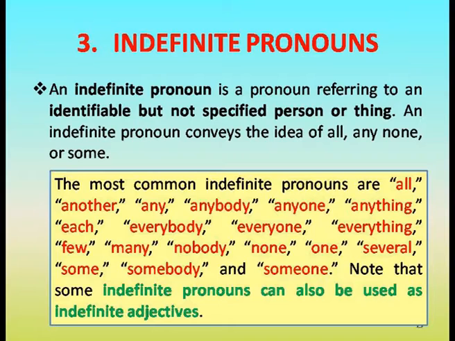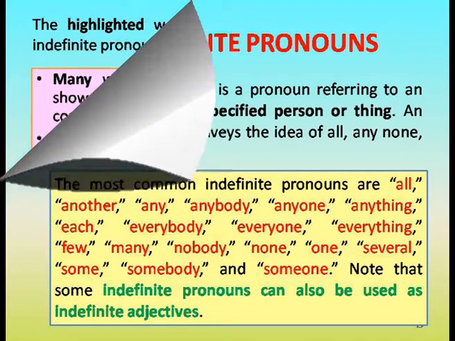The most common indefinite pronouns are all, another, any, anybody, anyone, anything, each, everybody, everyone, everything, few, many, nobody, none, one, several, some, somebody, and someone. Note that some indefinite pronouns can also be used as indefinite adjectives.